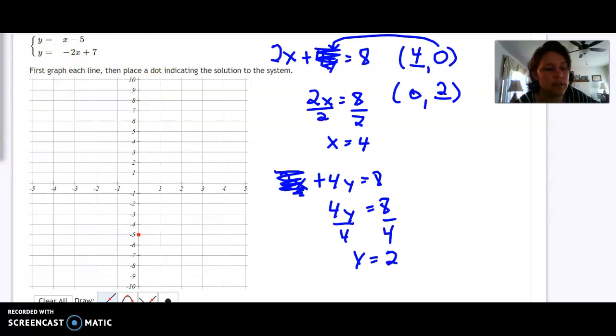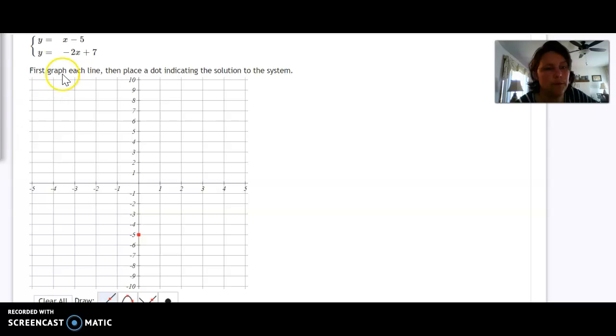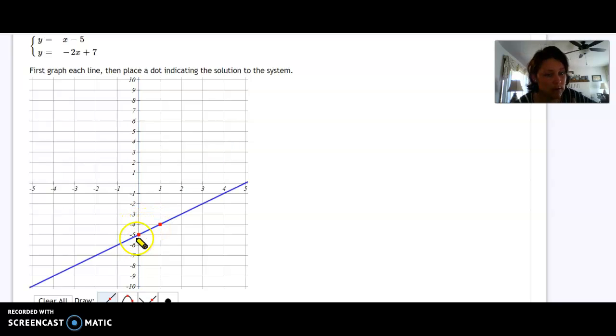Oops, I didn't clear my screen from last one, did I? There we go. I can write in a 1 over 1. So we still have that slope, but it really hasn't changed anything. Okay, so now we're at -5, and then we're going to go up 1 to the right 1 because it's positive, and that is a positive slope, so we're good.